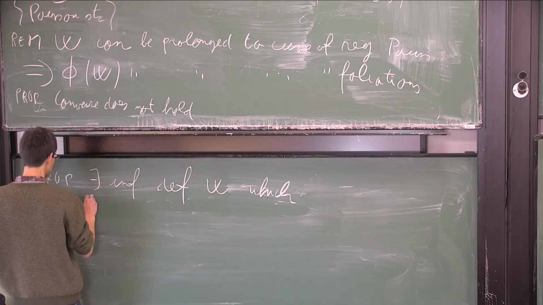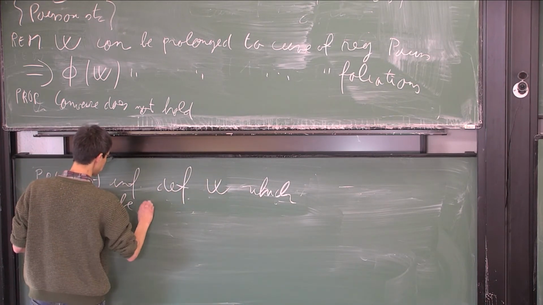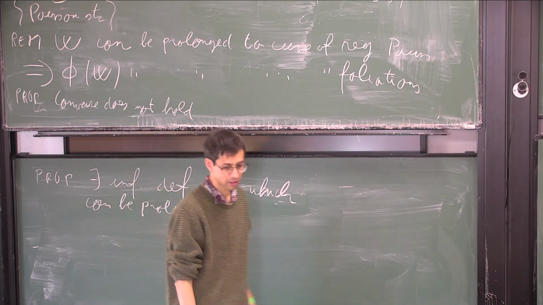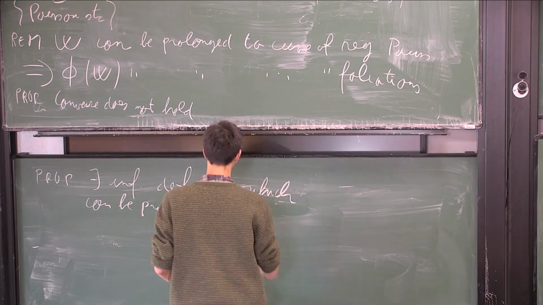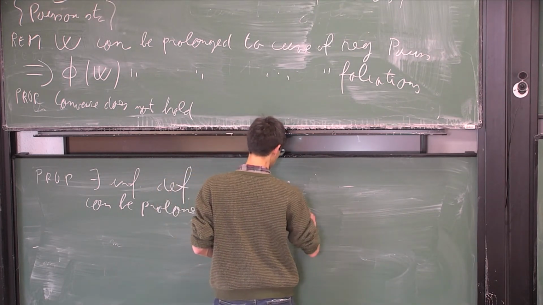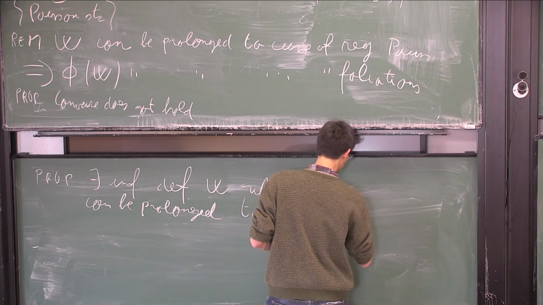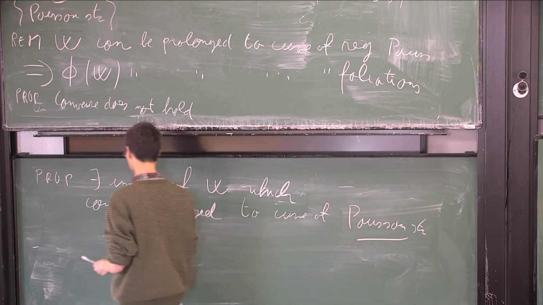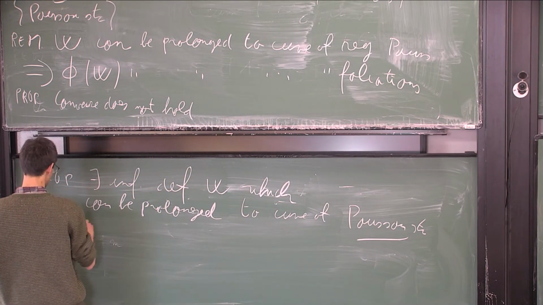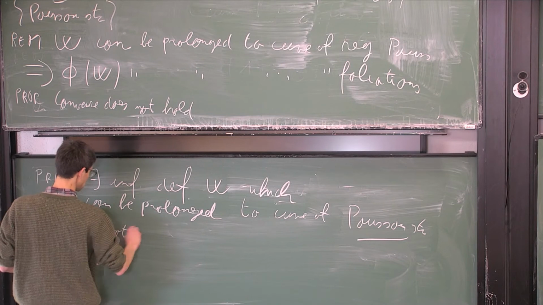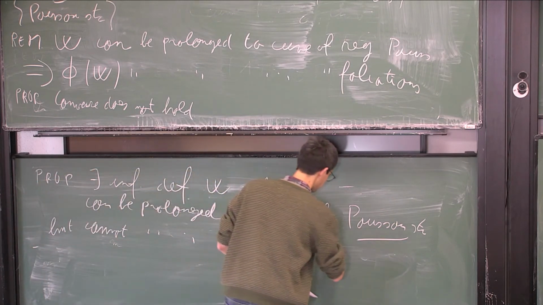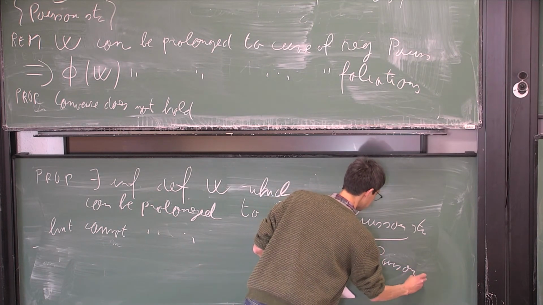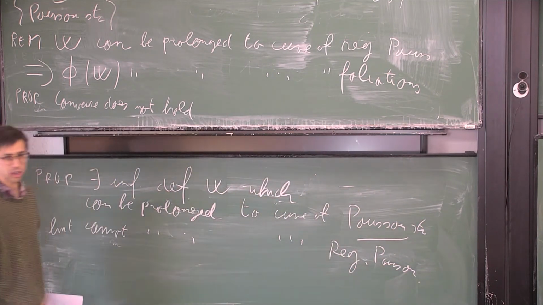The result: an infinitesimal deformation which can be prolonged to a curve of Poisson structures, but cannot be prolonged to a curve of regular ones.